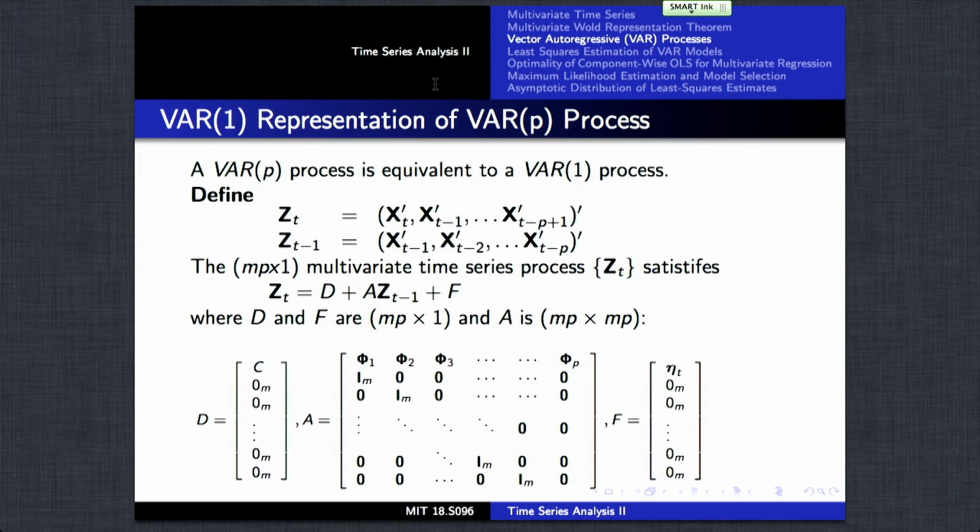Okay, this slide deals with representing a pth order process as a first order process with vector autoregressions.